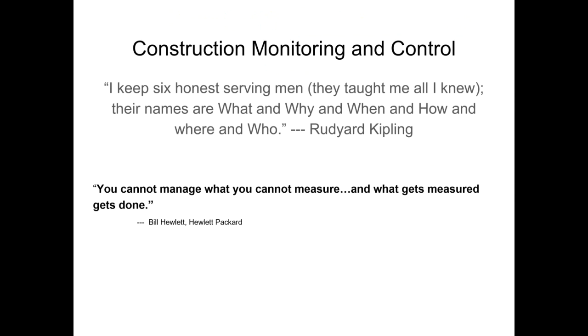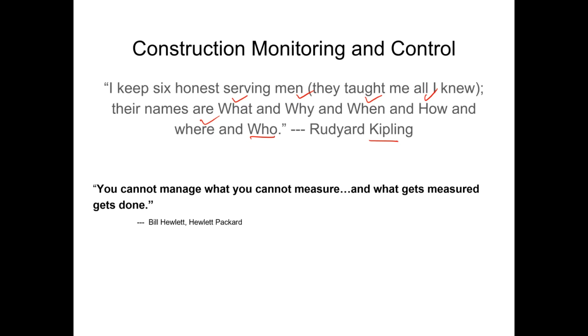So, in terms of monitoring, there is this famous quotation by Rudyard Kipling: I keep six honest serving men, and they taught me all I knew, and their names are what and why and when and how and where and who. So the project manager must be using these honest serving men to ensure that what they have planned is also being delivered.